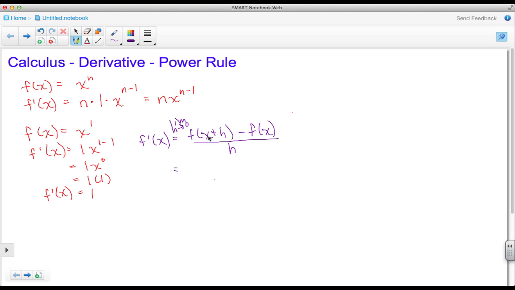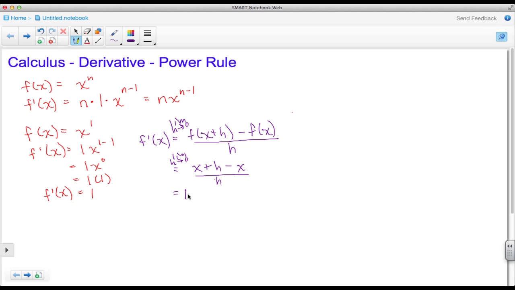The new input is x plus h, so this turns into x plus h minus the original function, which is just x, and all of this is divided by h. Again, we have the limit as h approaches 0.